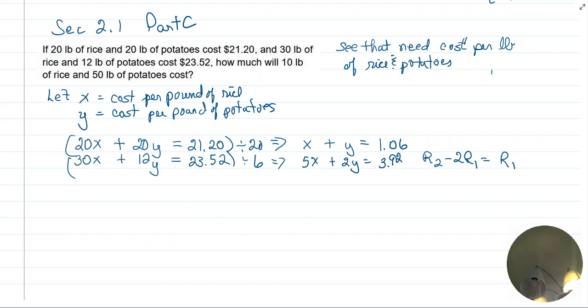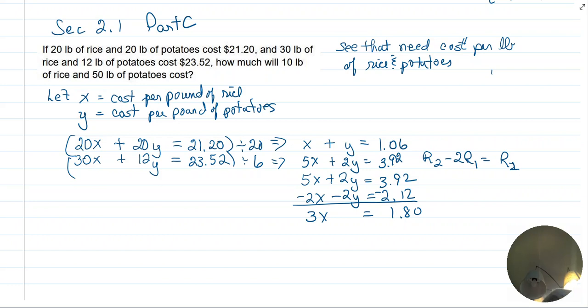So I'm going to have the 5x plus the 2y equals 3.92, and I'm multiplying row 1 by negative 2: negative 2x minus 2y equals negative 2.12. All right. So I have 3x equal to, and the difference here is 1.80. All right. So now I'm going to divide by 3.